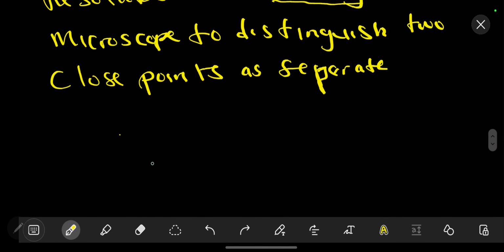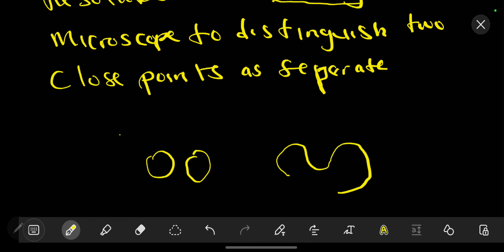So at one point you might have these 2 points like this, but at a certain zoom, what begins to happen is that if the resolution is very poor, these 2 points might look as if you are just looking at one thing. So this is what we mean by resolution.